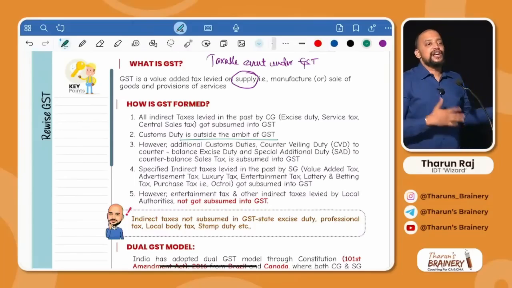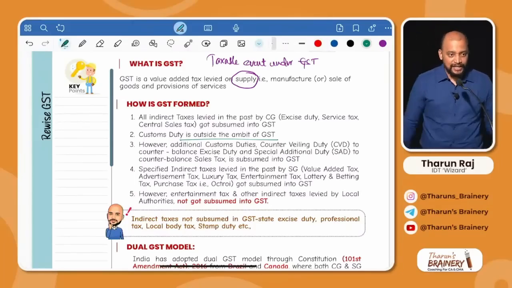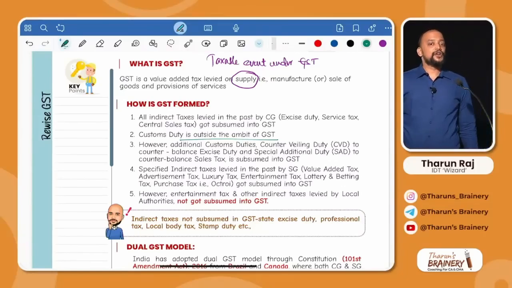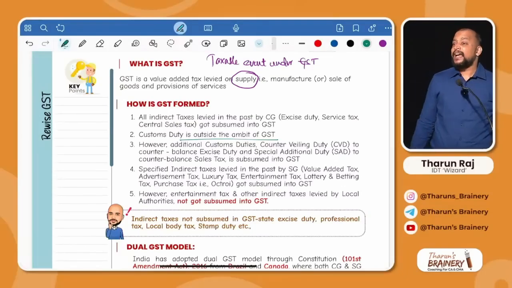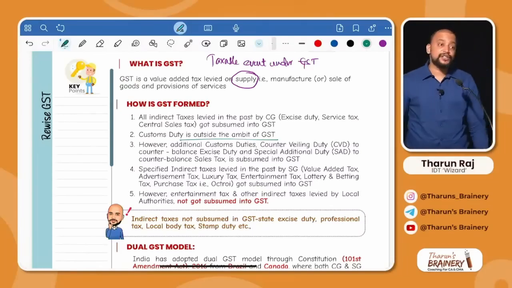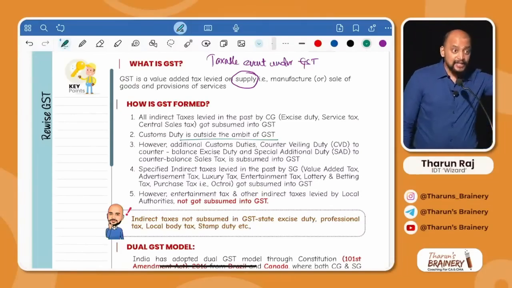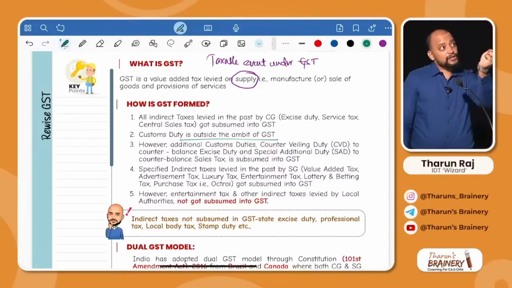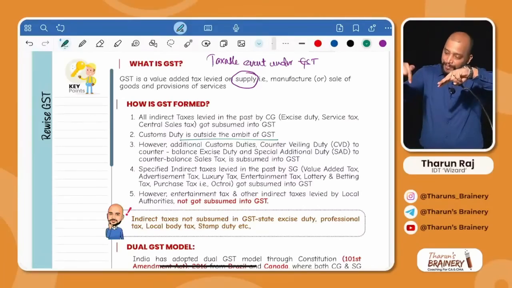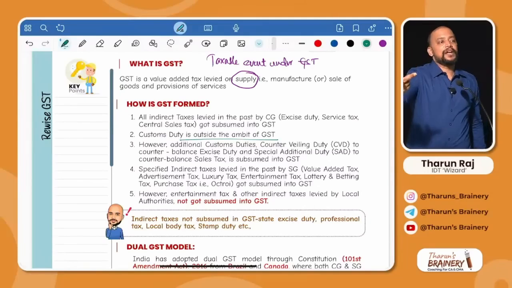So therefore SAD also got subsumed into GST. That's the reason why on import we need to pay GST also, not only customs duty. Because in the past on import there used to be CVD and SAD, which got subsumed into GST. So at present GST is also applicable on import.